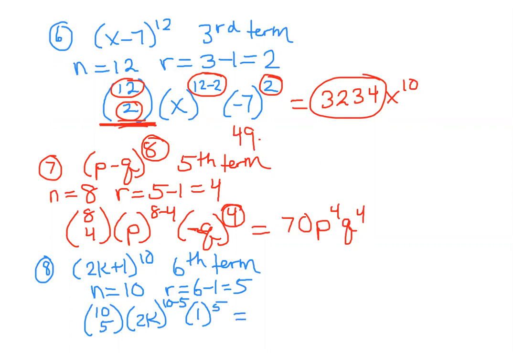So you're going to do this, find what this number is, and then this is going to be 2 to the 5th that you have to multiply that by. So you'll get 8,064k to the 5th, because this right here is just 1. That's number 8. Let's look at number 9.